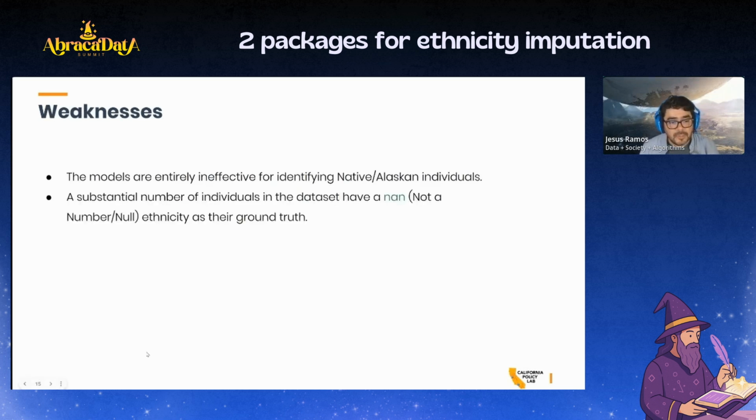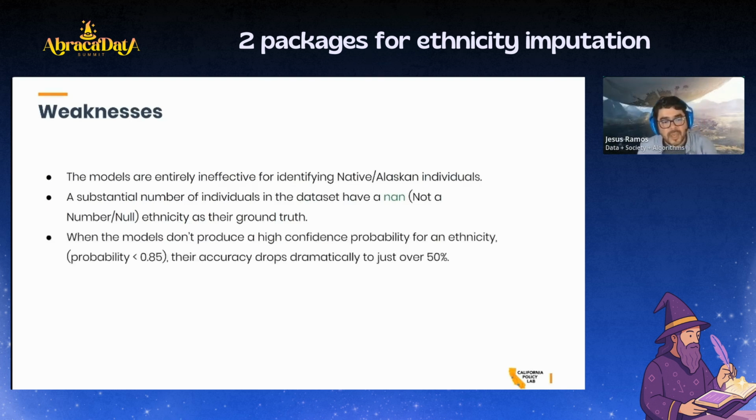A substantial number of individuals in the dataset have null, meaning once we sent it to the EDD and we got back, many of the SSNs for which we reported ethnicity didn't match with what the EDD had. So since there wasn't a match, they were classified as null.